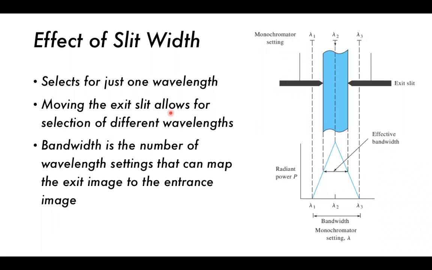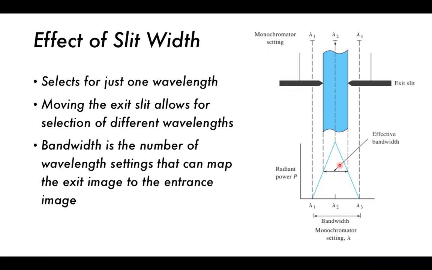Moving the exit slit allows for selection of different wavelengths. The bandwidth is the number of wavelength settings that can map the exit image to the entrance image. Here we have a schematic. We have the total bandwidth here, which is this blue line, but the effective bandwidth is here. It's only half of that.